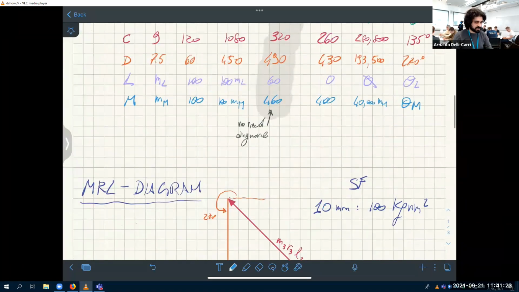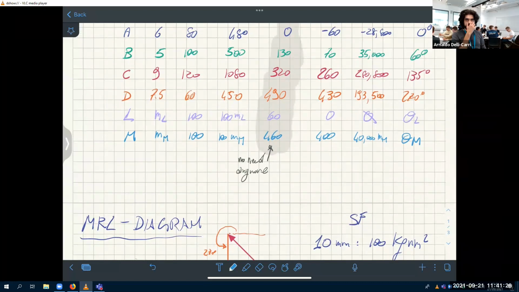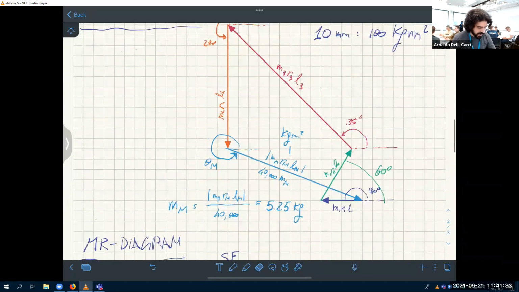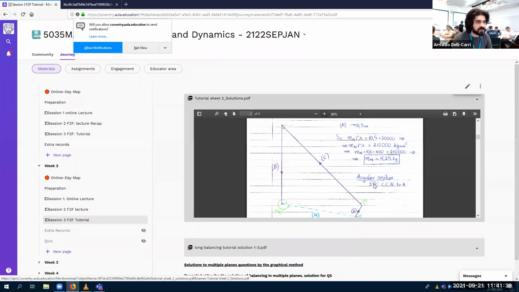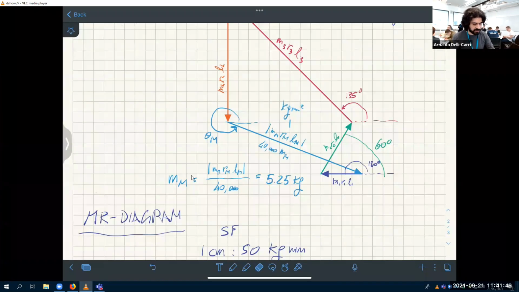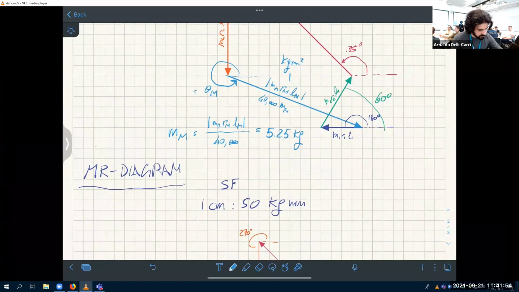So that means that this is 525. I won't put it here, but I'll put it here. And it's at an angle of, according to the solution, 350 degrees. Okay? So do you agree with me? It looks like my drawing is almost on point. This is almost 350 degrees, and it's 525.